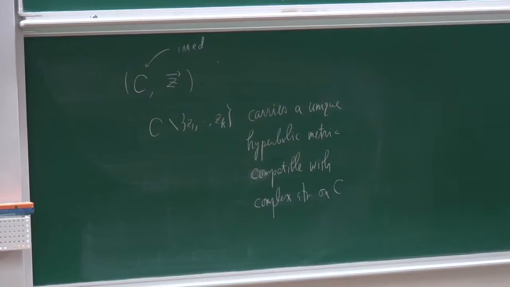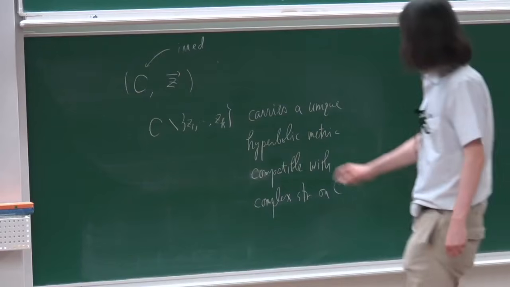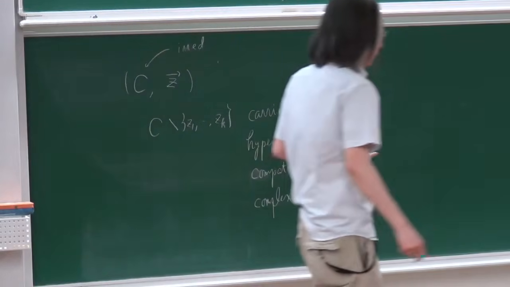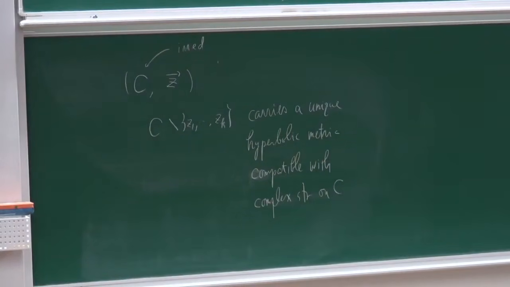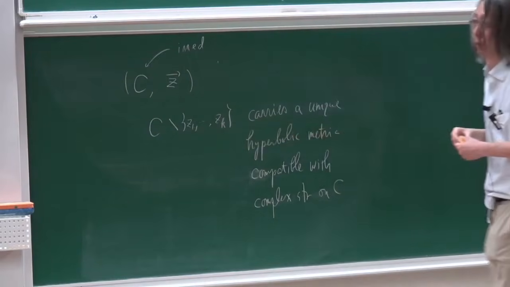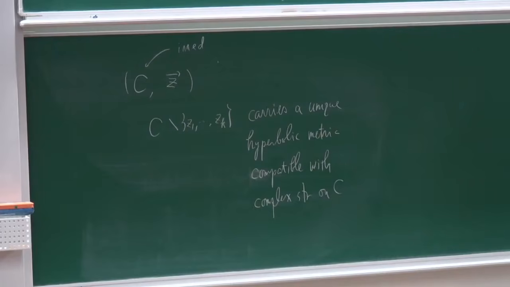So you can think of such stable curves as an oriented surface with hyperbolic structure, and these are actually the cusp points. Therefore, it has finite area.